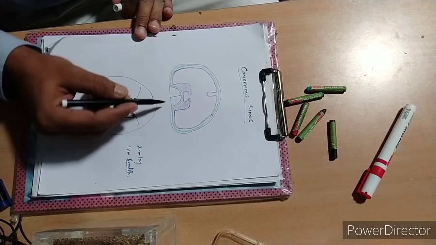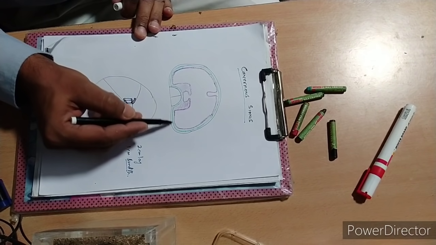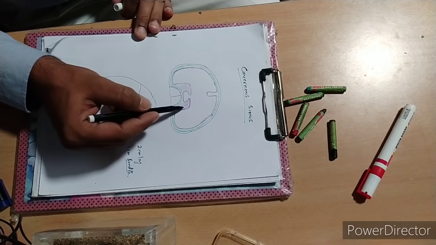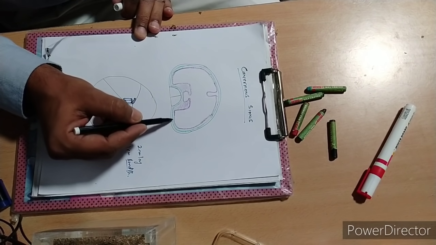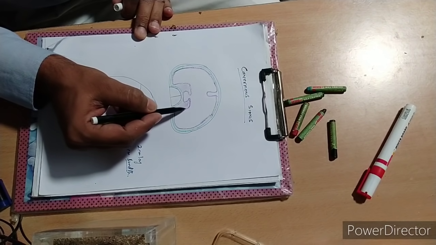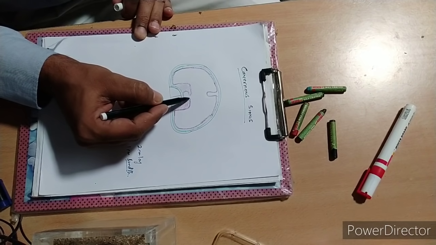As I already told you, this diagram shows it. The green color is the endosteal layer and the violet color is the meningeal layer of the dura mater. When this meningeal layer passes at the floor, it separates, ascends upward, then passes medially towards the pituitary stalk.